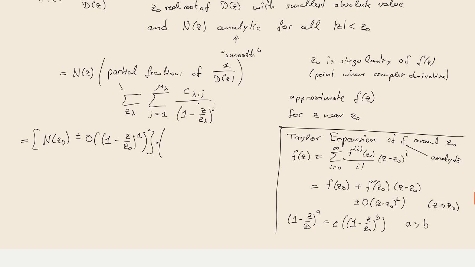Simply by looking at the terms, we know the one that is dominant. So we take the value for 0 for the root of smallest absolute value. And we take the one with the highest j, because these are negative powers. So the largest j gives you the least power. And here in this regime where we go to the set 0, we should have the smallest power is the dominant term.